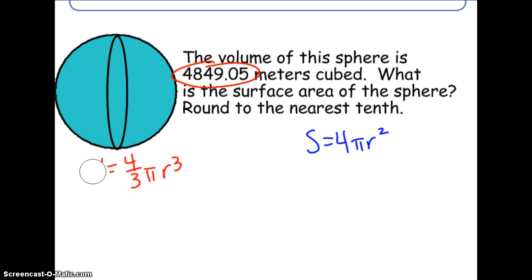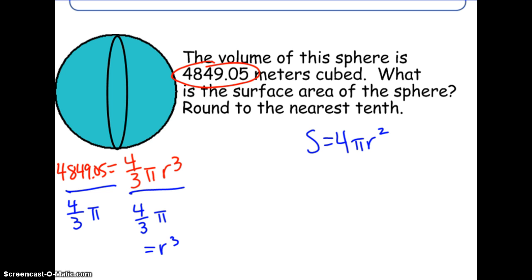So the volume is 4,849.05. Now I need to solve for r, so I would divide both sides by 4/3 pi. And I'm left with r cubed equals, and type this in my calculator, 1,157.6.